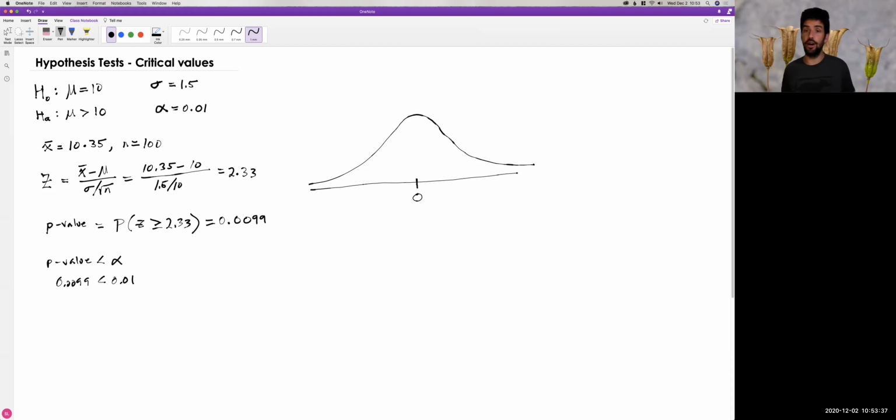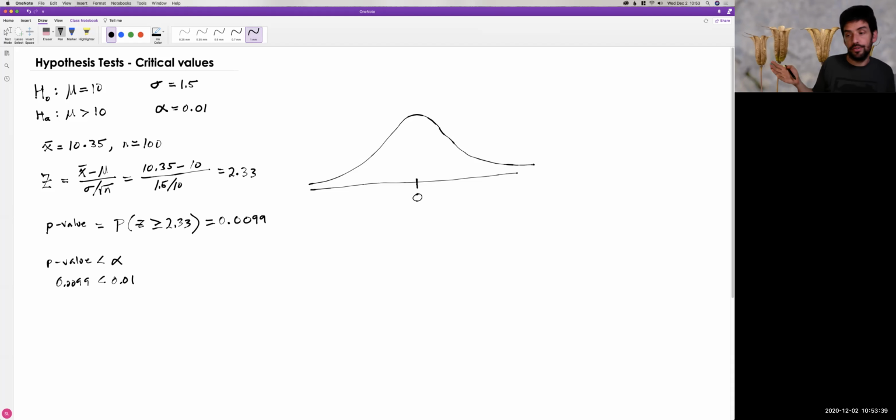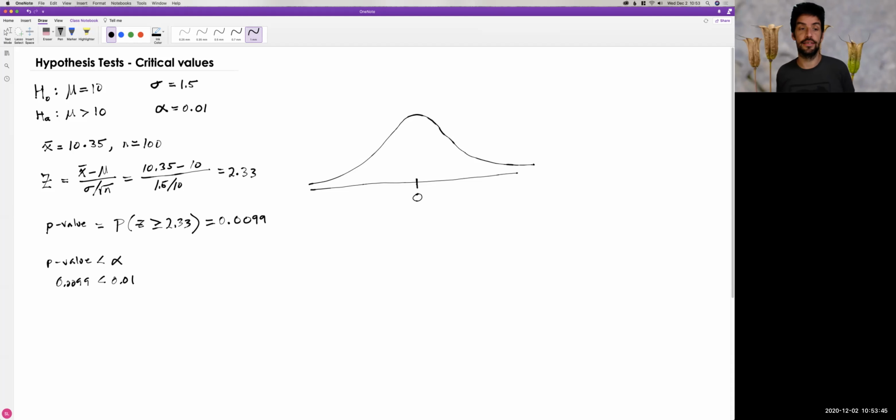How do we measure how rare something is? Well, the probability. The lower the probability, the more rare we think it is. So in this case, because we're measuring above the mean, more rare means further away, because we're going to be measuring the probability of that value or higher.